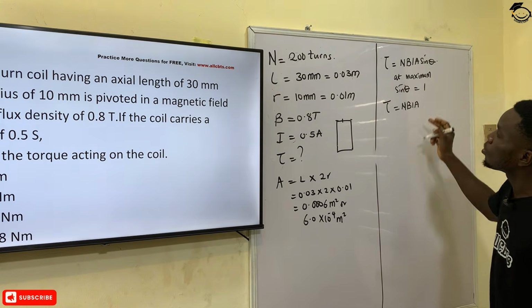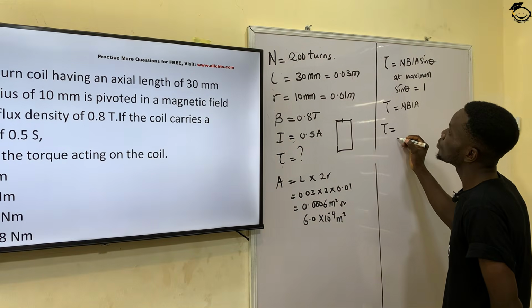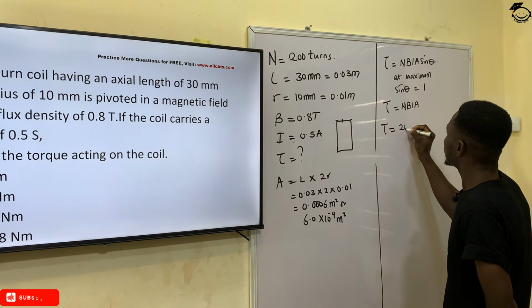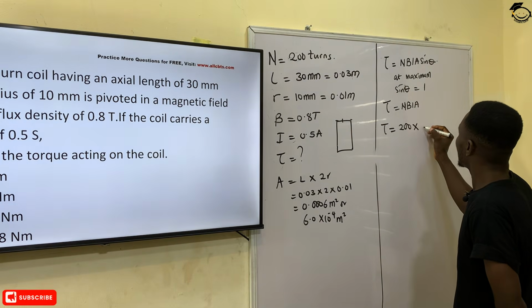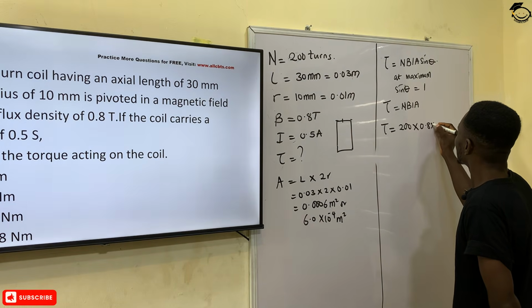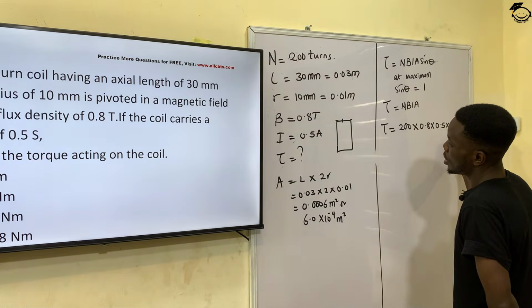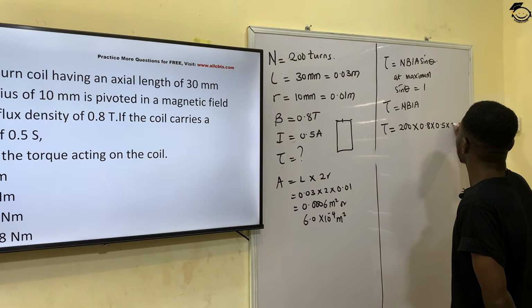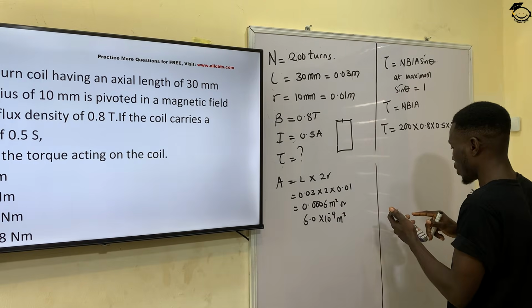So the number of turns here is 200, times the magnetic flux density 0.8, times the current in the question 0.5, times the area that we calculated, 0.0006.